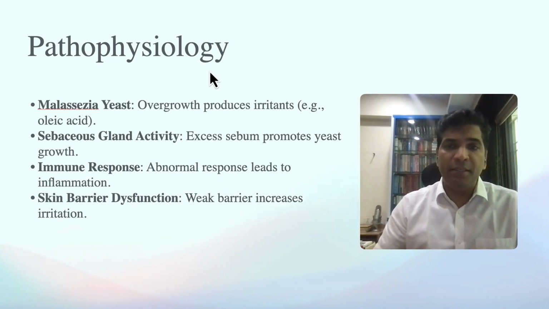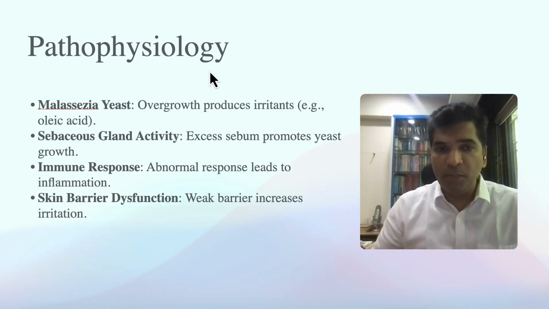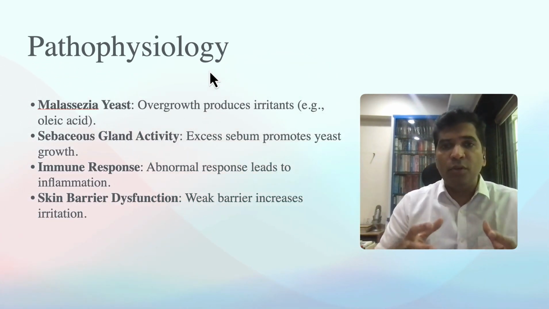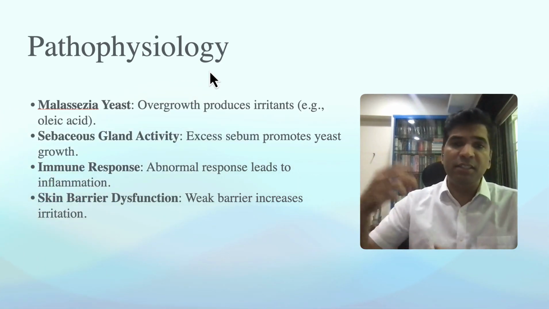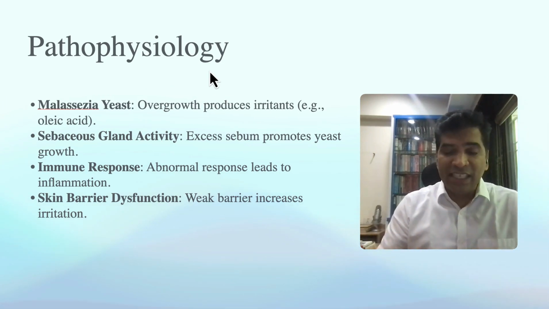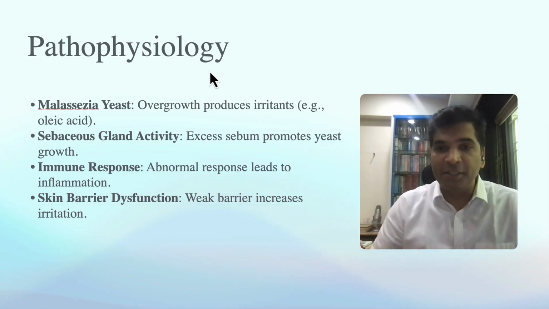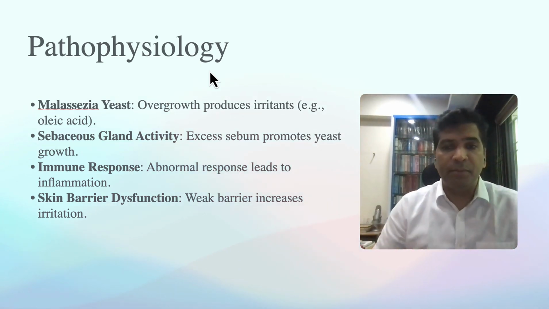A weaker barrier increases the irritation because of continuous scratching and continuous inflammation. Over a period of time, a lot of men or women who come to you will have been suffering for 8, 10, or 12 years, using anti-dandruff shampoo, using general cleansing shampoos, but not getting better. So these are the patient categories which come to us for treatment.